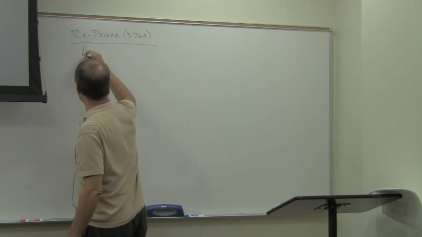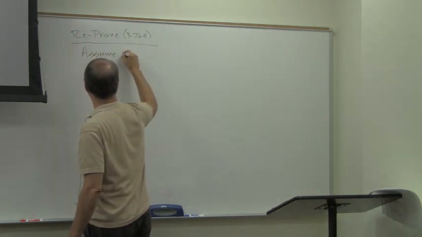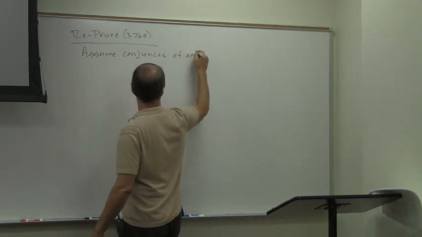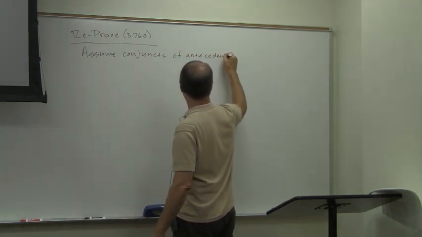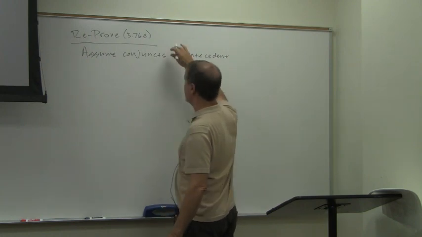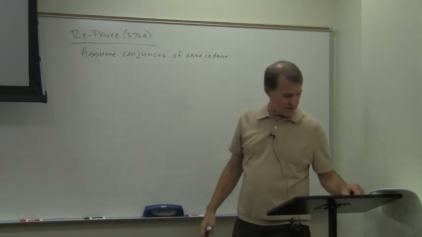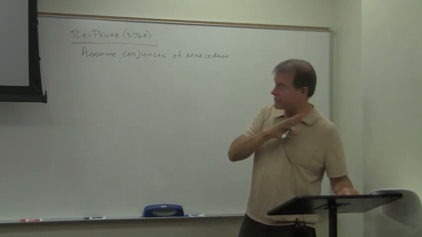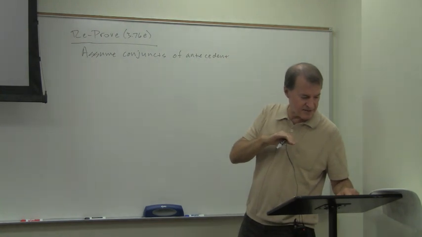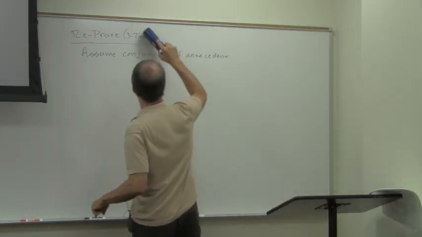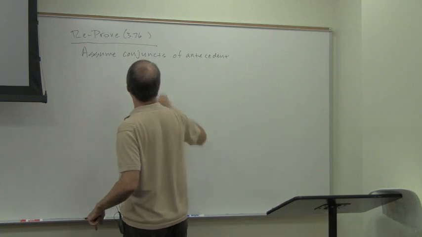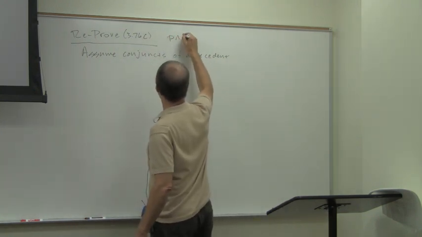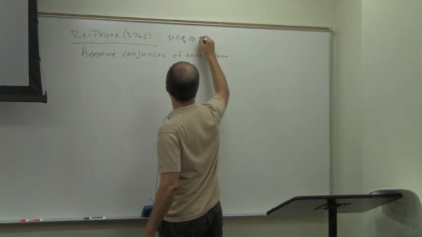And we will assume conjuncts of antecedent. And so what is 3.76e? That's P and Q, or C. I said E, I meant C. Sorry. 3.76c. And that's P and Q implies what?